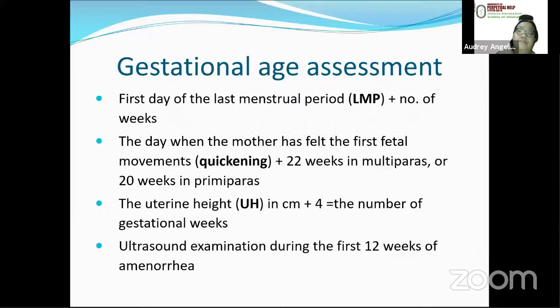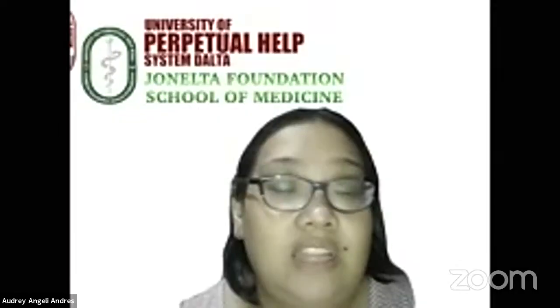Okay? So this is a computation of your gestational age. If you do not know the LMP, you could use quickening, or your fundic height plus 4, or ultrasound examination. Okay. I think you need the other lecture more.